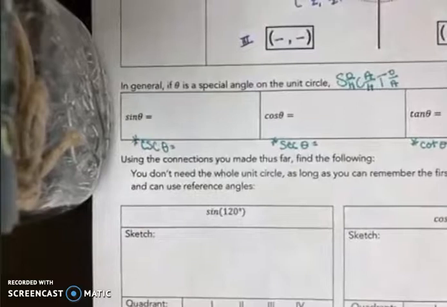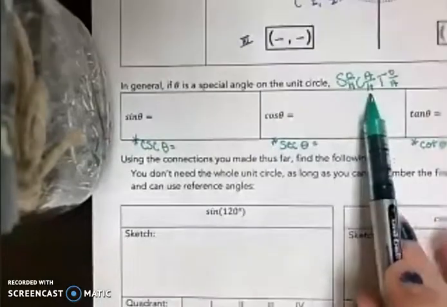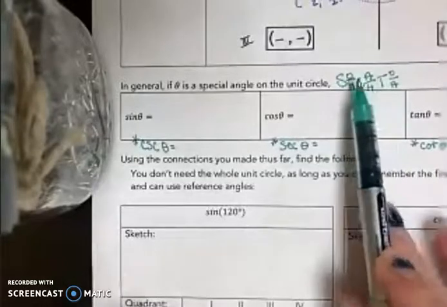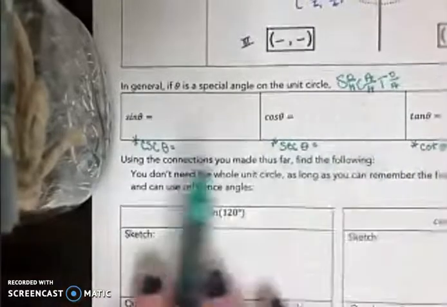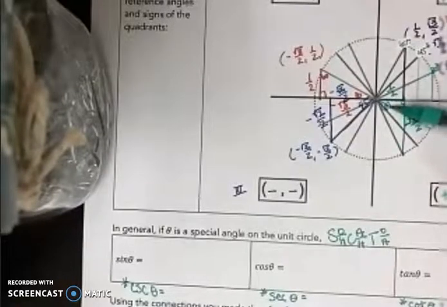Well, in the unit circle, we know that the hypotenuse is always 1. And also, opposite to the theta is always the y value, adjacent to the theta is always the x value.